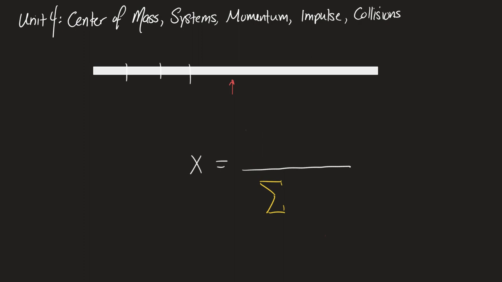I'm going to draw this a little bit nicer so it's easier to see. Use the letter i as the counter. And we're going to start from object 1 to the last piece. Right? It's like an integral. It tells you where to start and where to end. And we're going to add up the position of each piece times the mass of each piece.